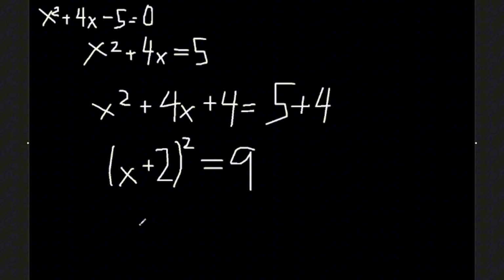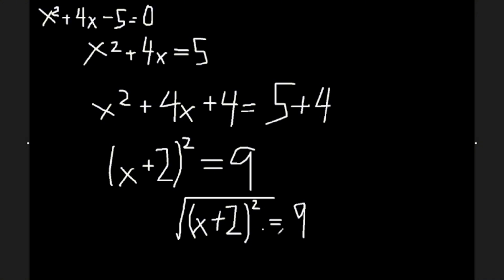Now, we need to take the square root of both sides. x plus 2 equals the plus or minus square root of 9.